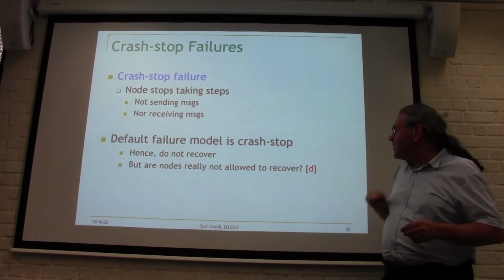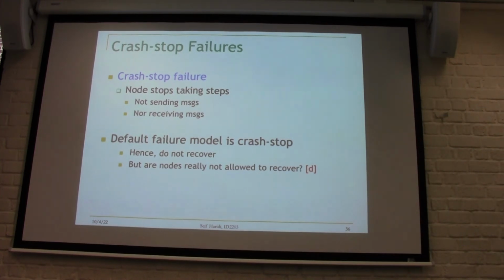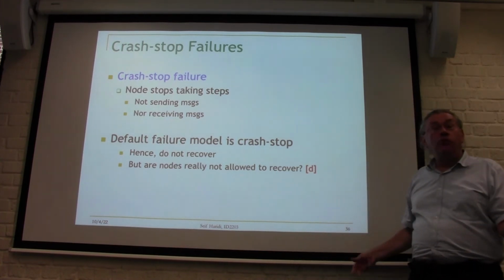Now I'm asking you a question. What if this system crashes and I reboot it? Is that a crash stop or not? It's a crash recovery. There are two possibilities: it's either a crash recovery, or it actually comes back as a new node.